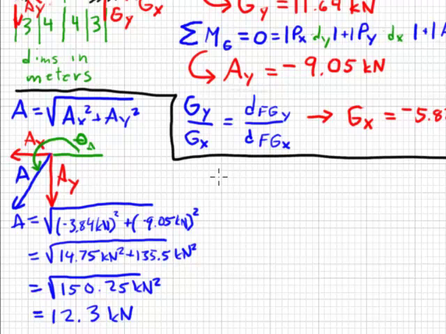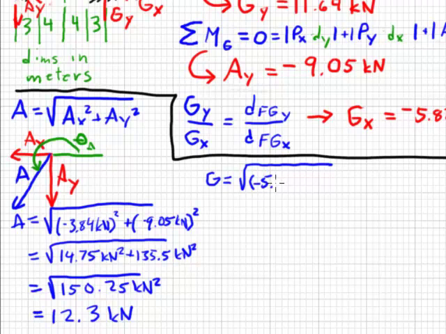We will do the same with G. G will be the square root of Gx squared plus Gy squared. We'll just put the values here.